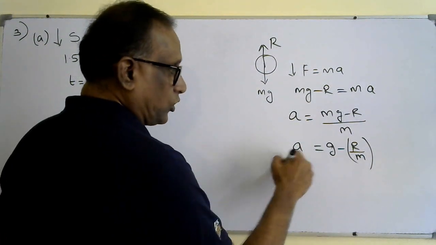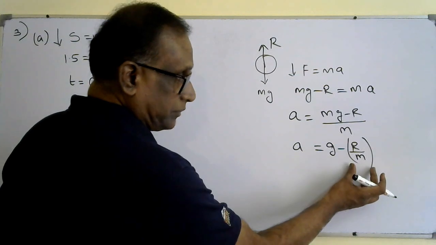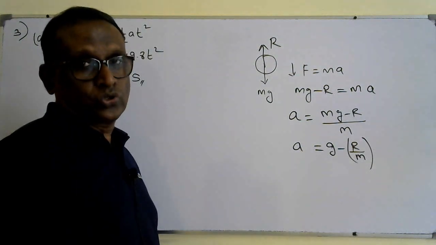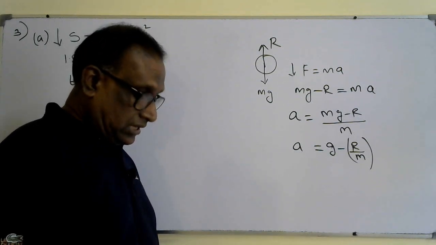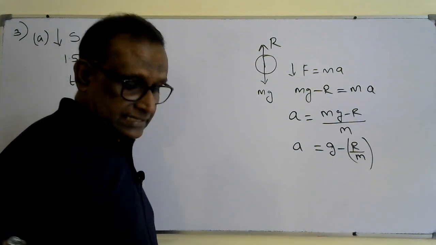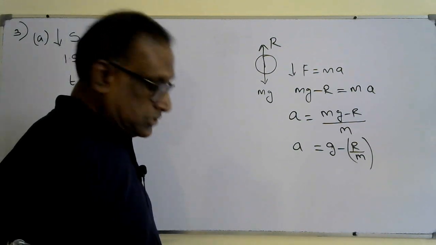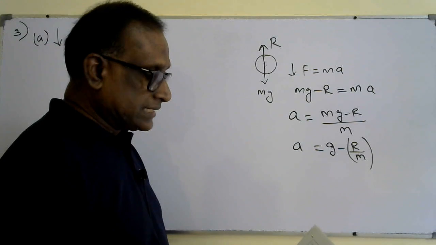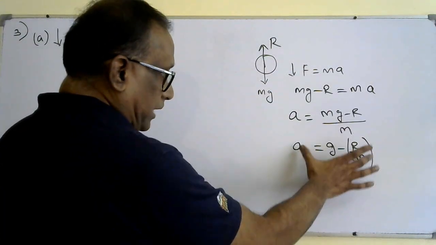The acceleration is going to be smaller than g because you are subtracting a quantity, r over m. So when there is drag force, certainly the acceleration will be less than 9.81. Here they are giving that the time taken is 0.6 seconds.